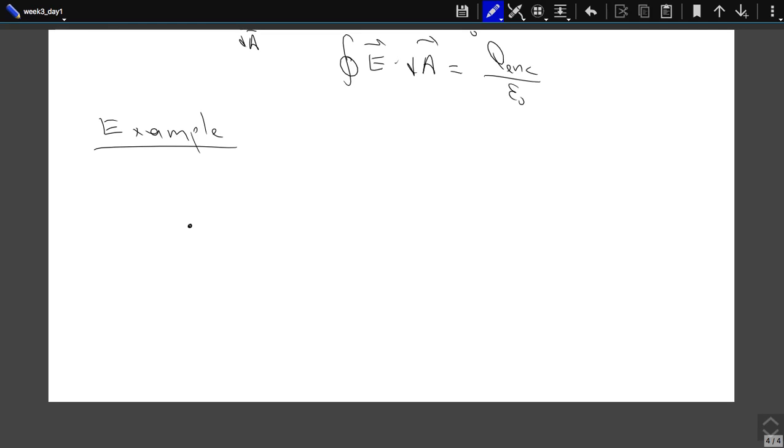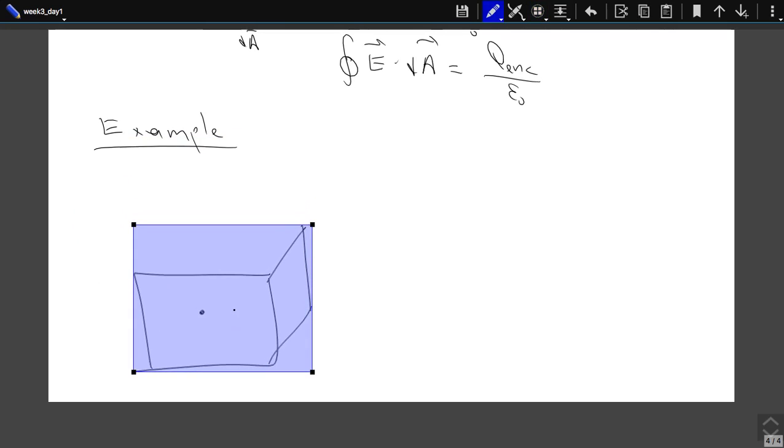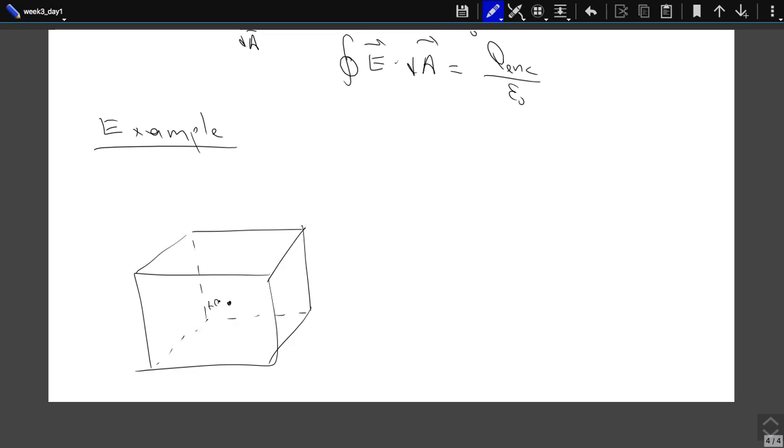We have a point charge. And let's imagine we have a cubical surface. The charge is on the center.